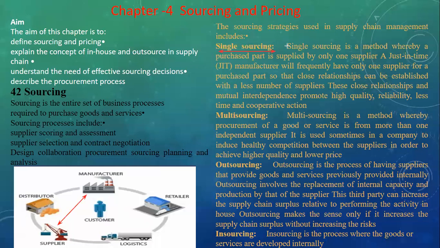The main thing to understand is whether we should go for multi-sourcing or single sourcing. Before that, let us understand some factors which influence single sourcing. If you have one single source, then your relationship with the manufacturer will be close, and the supplier will focus on your product quality and reliability.